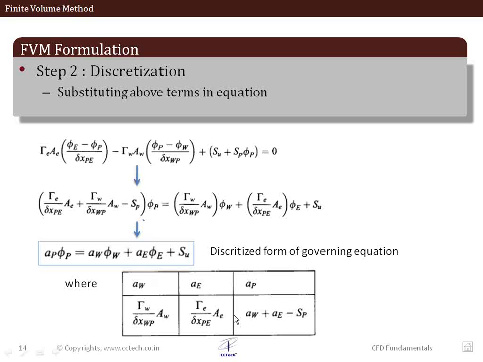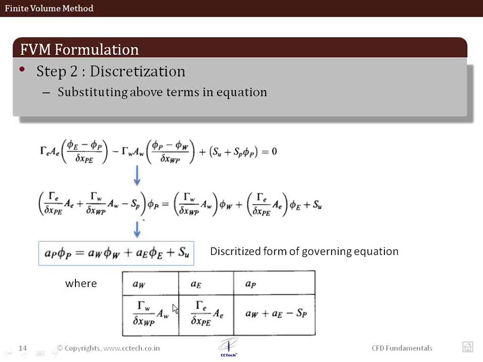This is just based on our application of the approximations which we have considered, and as you can see, one of the approximations is how we evaluate this d by dx, that is d by dx on the eastern face and d by dx on the western face, and that's how we obtain the form as you can see on the screen. So you have AW and AE and AP being expressed in a tabular form here.